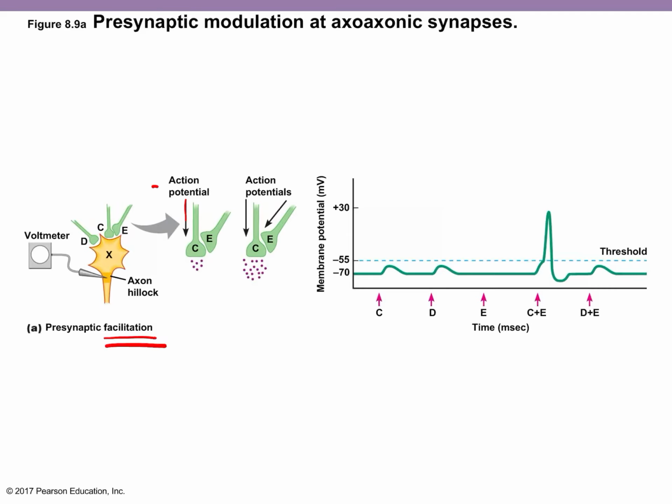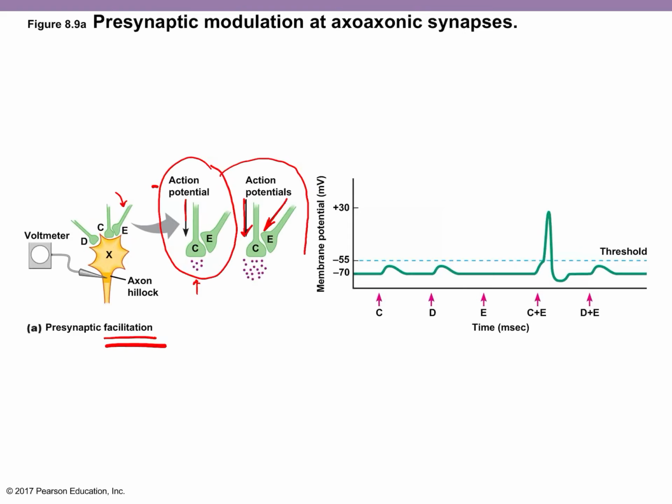So here's our action potential. Our action potential is coming down. We can see how E here is going to be a modulator of C. So E is going to also send an action potential down. And you can see that when E is not firing an action potential in our first case here, we have a certain amount of neurotransmitter that's being released.